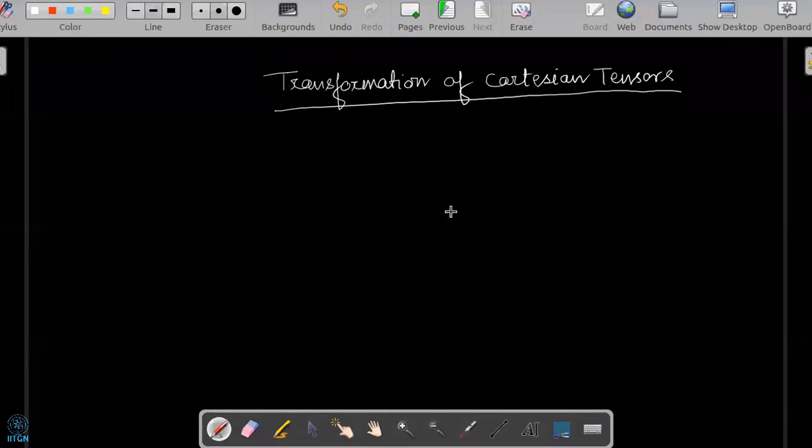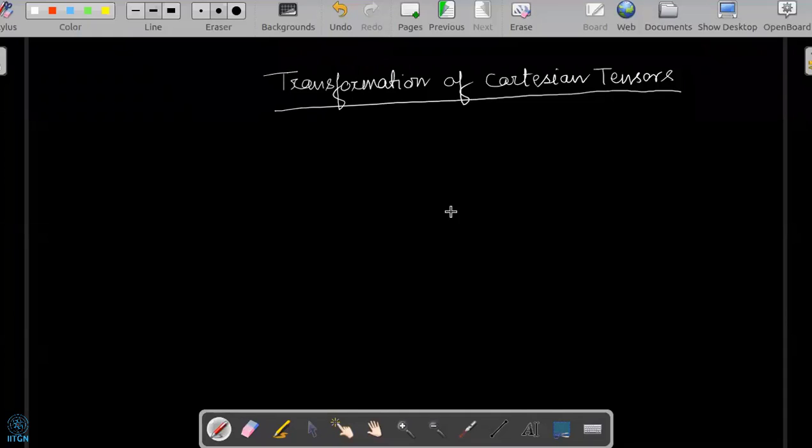So if this is so, how do we determine the components in another, rotated, transformed set of axes? That we will see: what is the relation between these things.